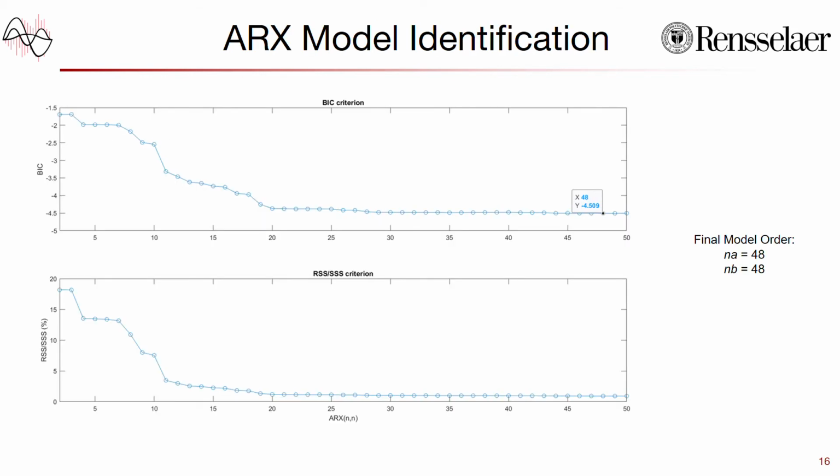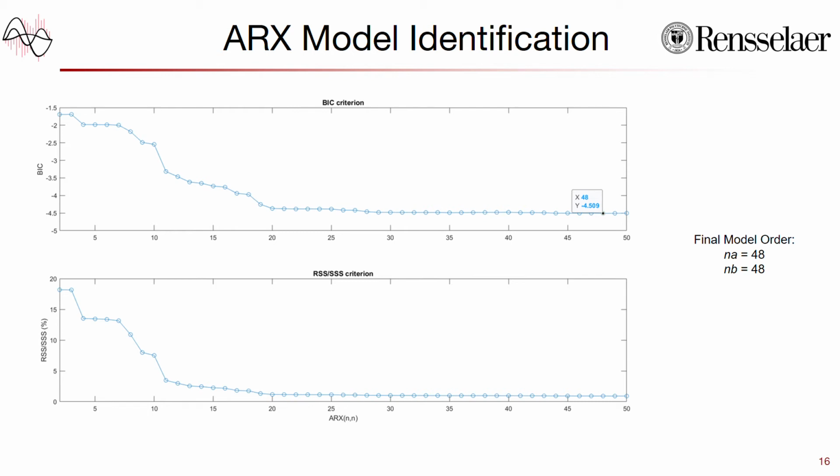So for the ARX model, I used the Bayesian information criterion, and I plotted that. For my final model order, I found NA and NB to be 48. With model order 48, this had the lowest Bayesian information criterion, or BIC.